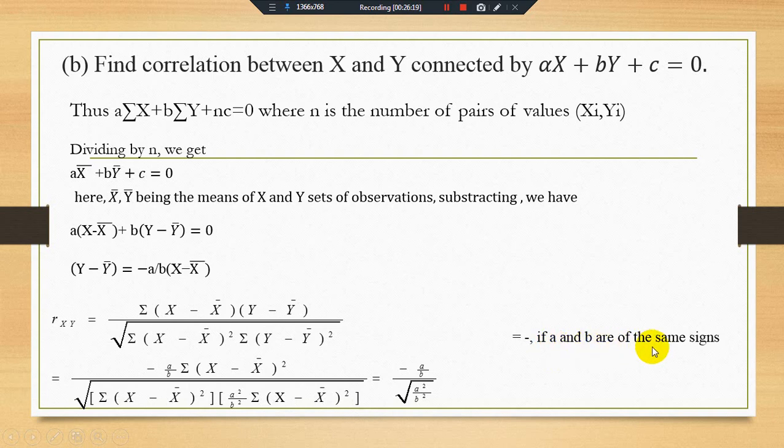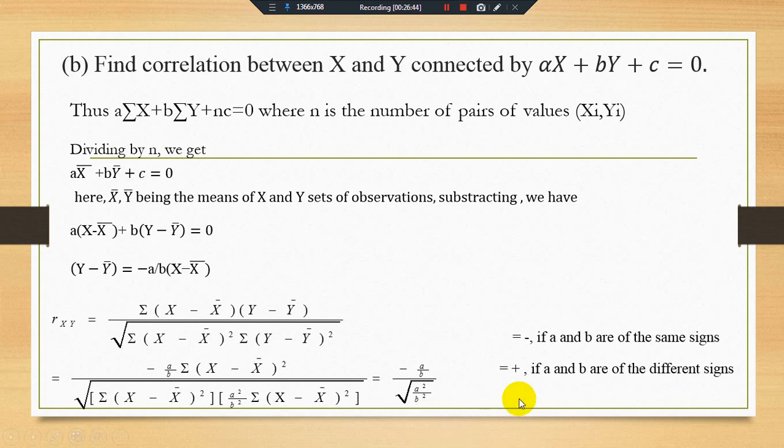If A and B have the same sign, then the final correlation of the group data will be negative. And if A and B have different signs, then the group data correlation will be positive.